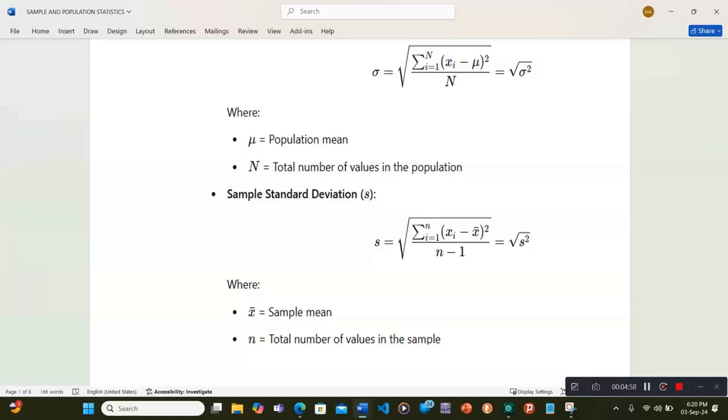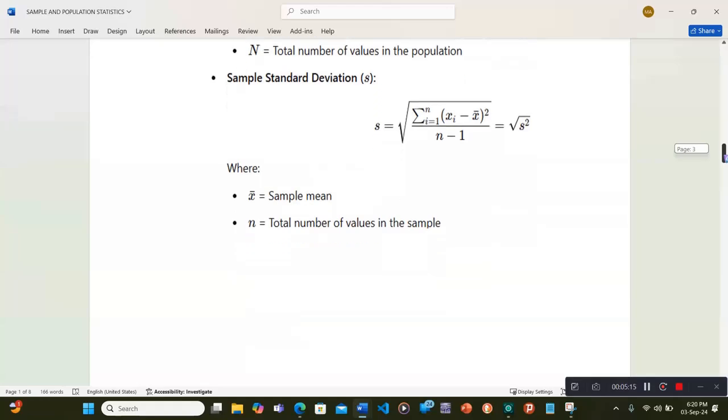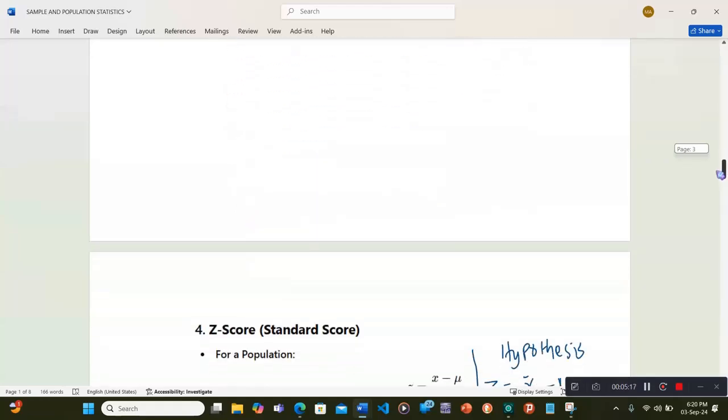But for the standard deviation of the sample, it will be represented by S. Taking the square root of the formula for variance, I get the square root of S squared, and then I will have calculated the standard deviation of the sample.